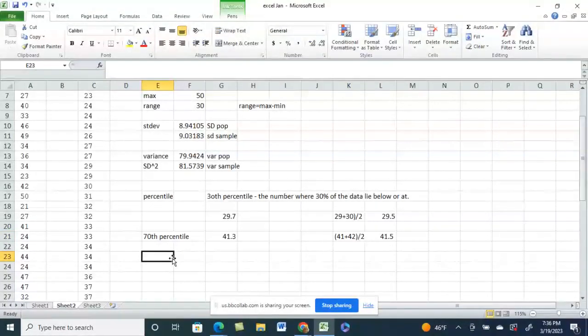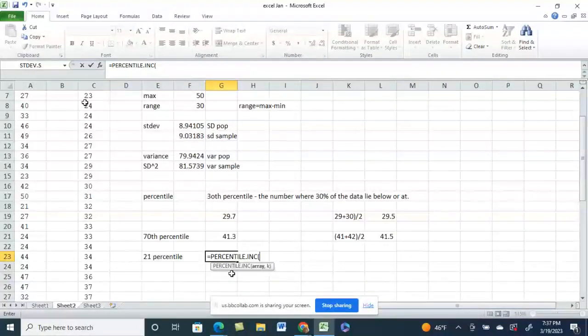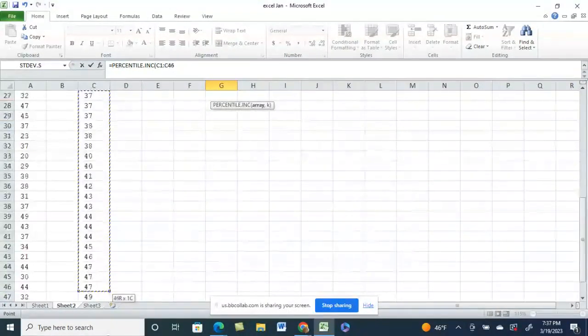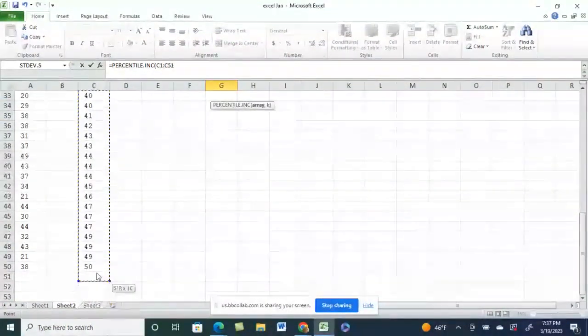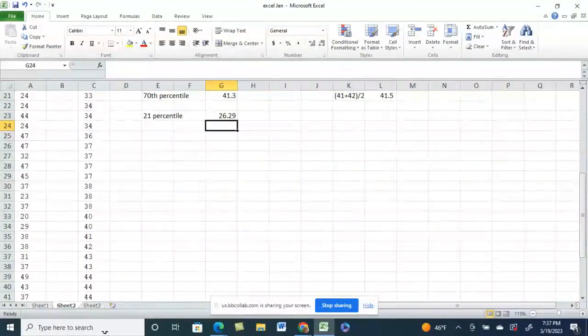Okay, let's see if that matches up. Let's see, 21st. So we'll do equal percentile inclusive. Again, our text does the inclusive. Others may not. Comma 0.21, and we get 26.9.